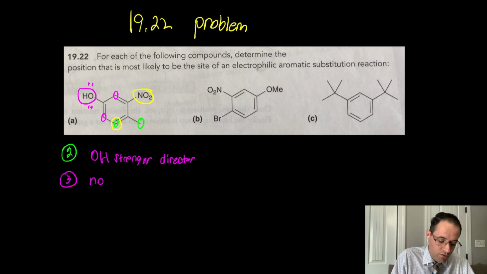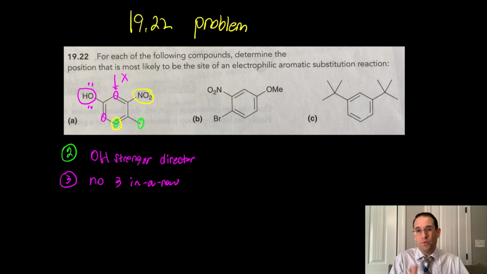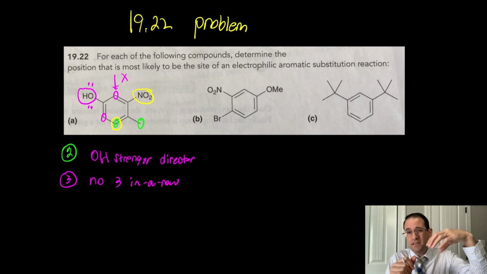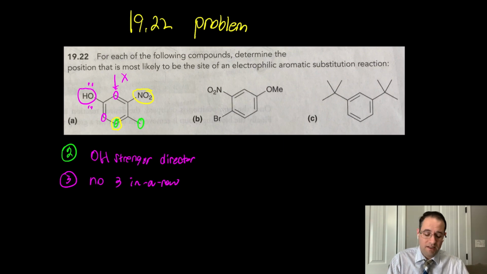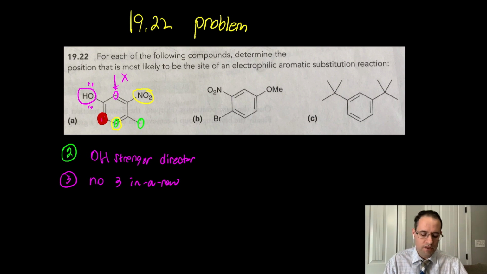And we want to use rule 3, no 3 in a row. Okay, we don't want to put it here because we have a nitro group on one side and a hydroxyl group on another, and reaction at that center is rather sterically hindered. So what we do want to do is react here. Okay, so I'll put all of the answers with a red dot in this video.